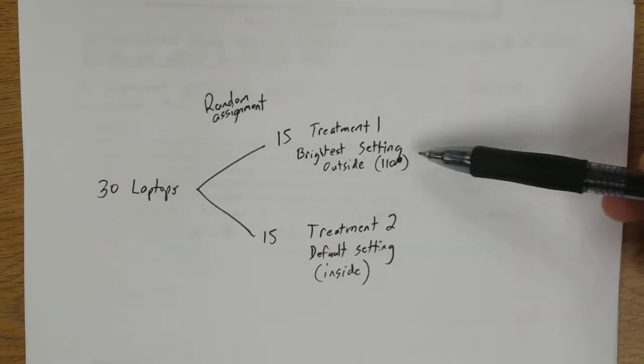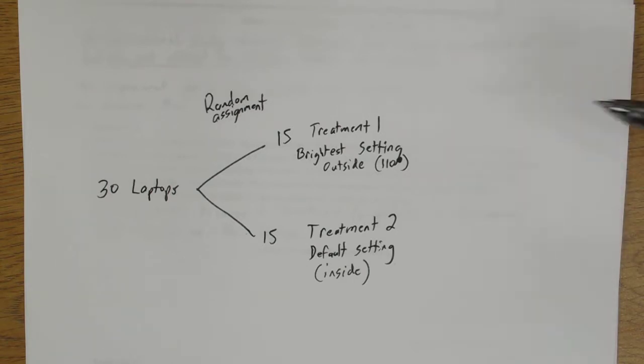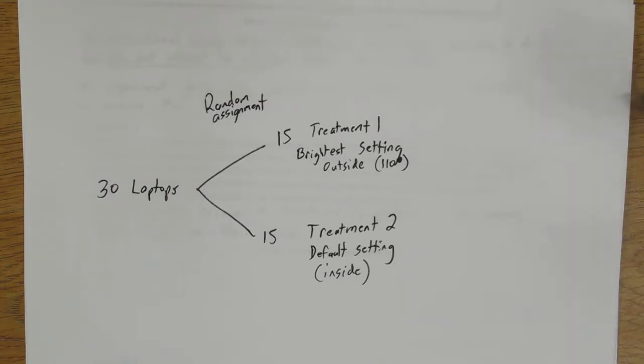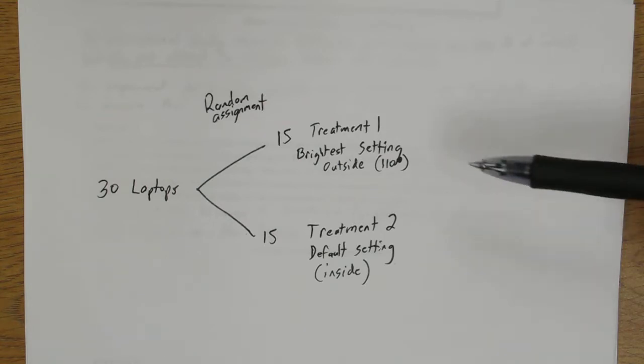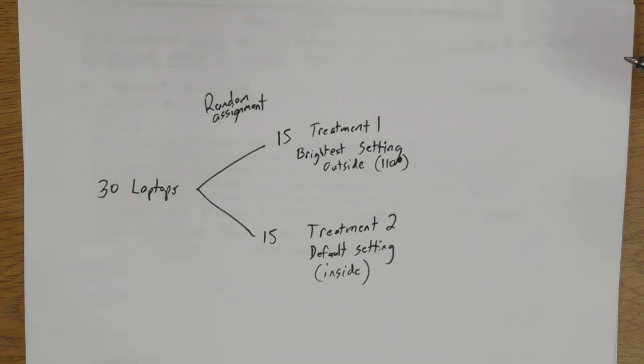While we expect the brightness to decrease the battery life, we don't really know what effect the exterior temperature has on battery life. I think, and I'm not sure, you'd have to ask someone with an electrical engineering background, but I believe battery life is depleted in higher temperatures for laptops.